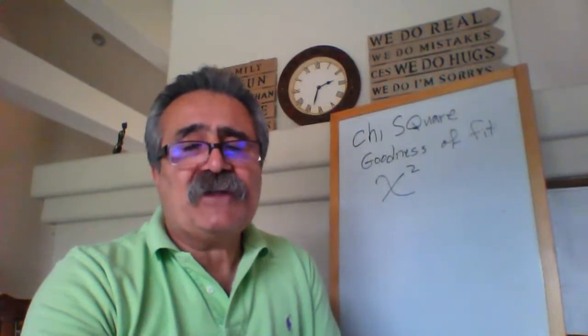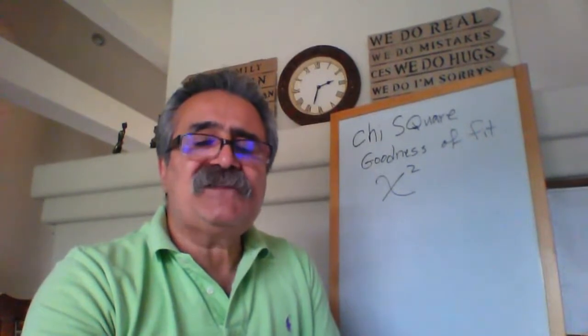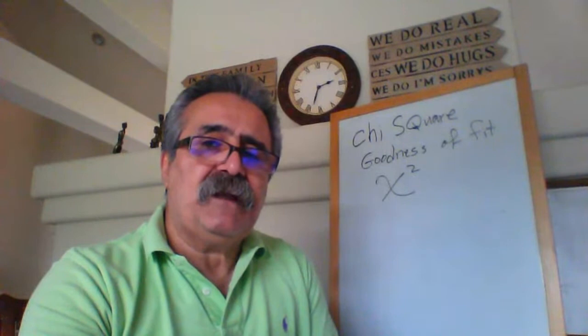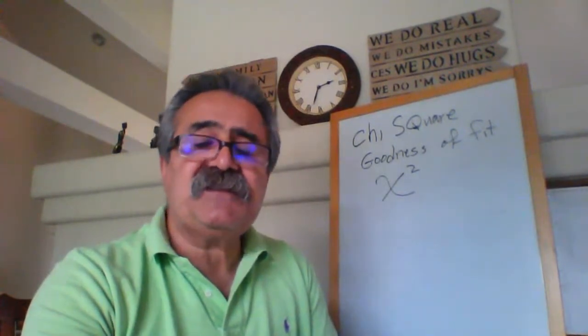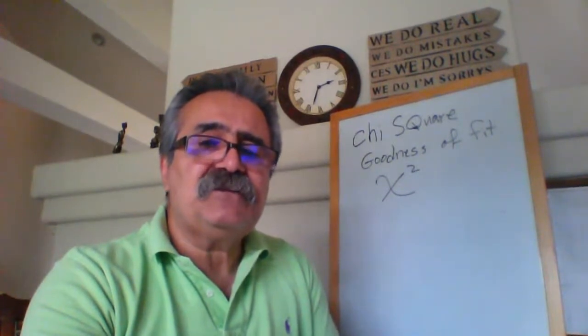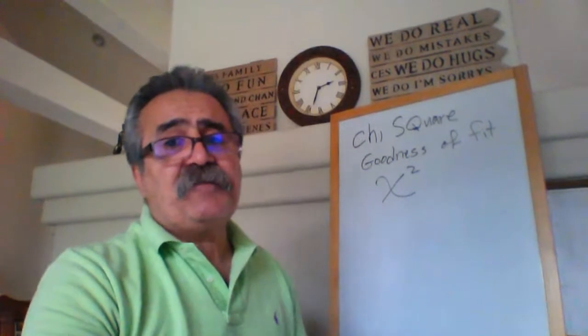Okay? So what chi-square testing does is test our observed values against the expected values to see if we can accept those expected values in our area. There is a formula for that.